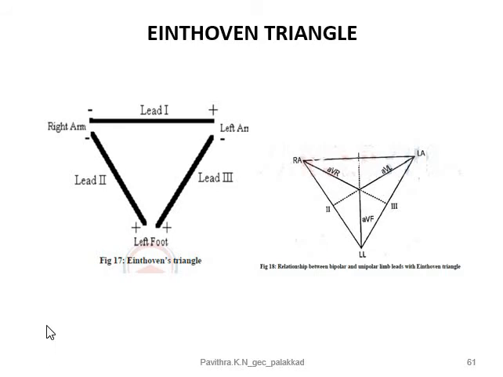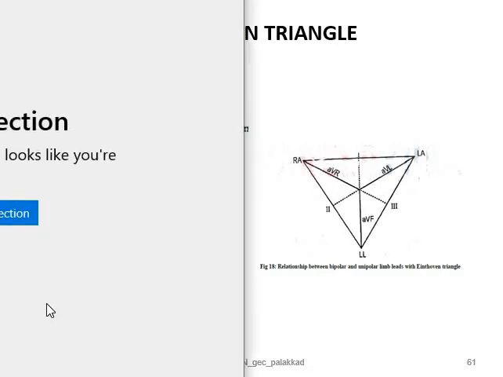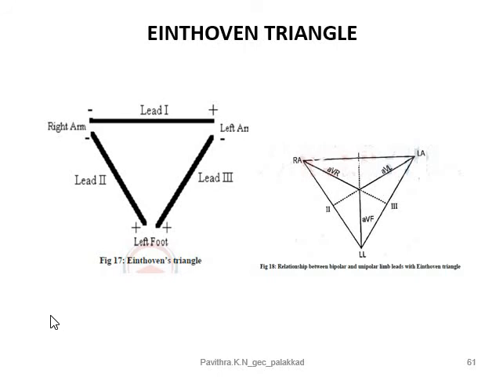Similarly, in case of lead 2, if you remember the figure, the connections were: right arm is connected to negative and left foot is connected to positive.